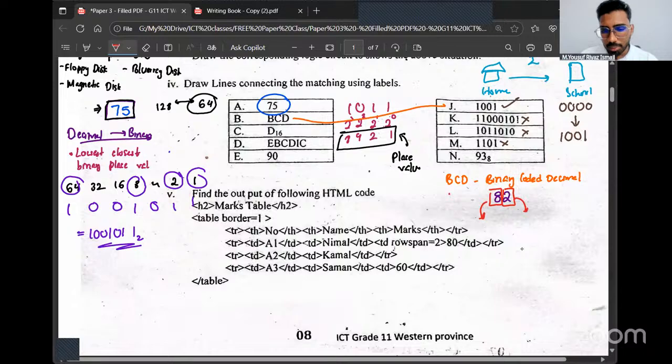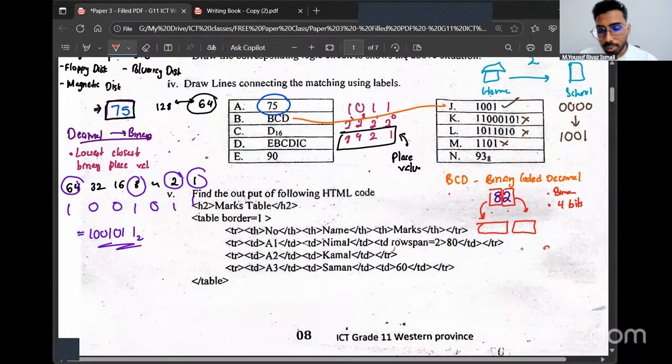In a decimal number, you're going to represent each and every digit in the form of binary. Apart from that, there's another thing you have to follow: each decimal digit should be represented using 4 bits, which means 4 binary digits.